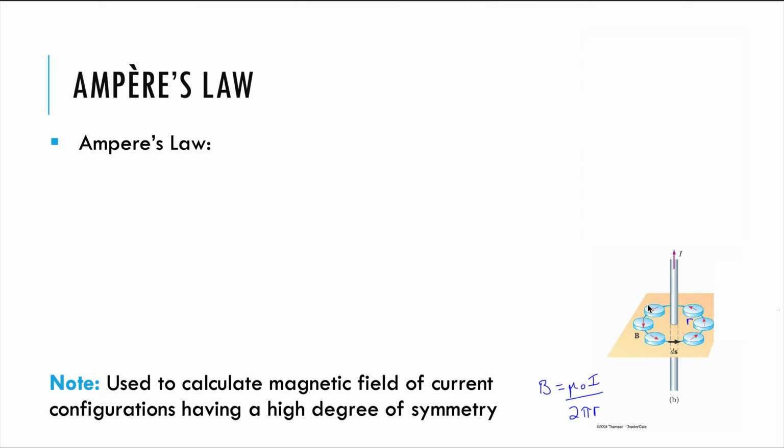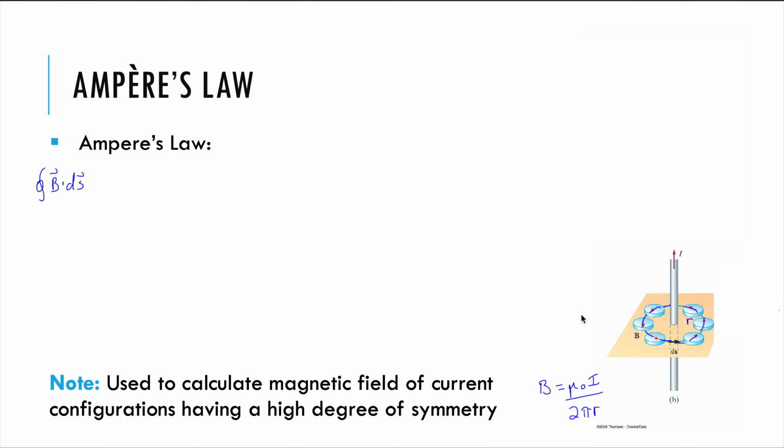So now let's imagine a closed path, and we're going to choose a circular closed path that's going to happen to align with the magnetic field. This closed path that we are choosing is an imaginary loop. And around this imaginary loop, we want to calculate the line integral of B dot ds.